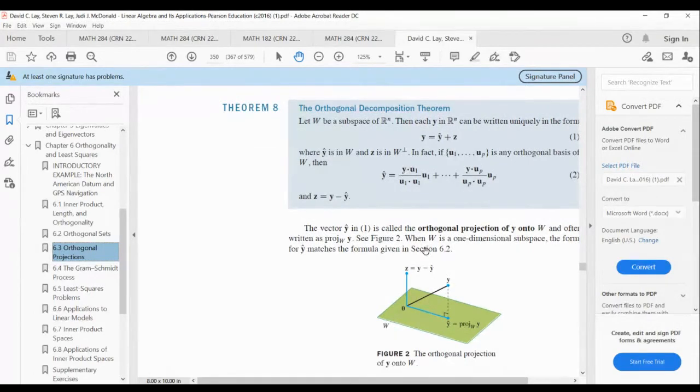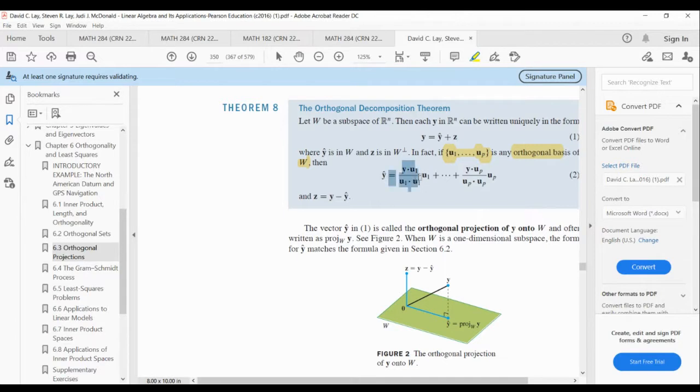We're trying to find the projection vector, and in Theorem 8, the set of vectors u1 to up is an orthogonal basis for W, and so instead of vectors u1 to up, we would have a1 and a2, right? The column vectors of the matrix A for our problem.